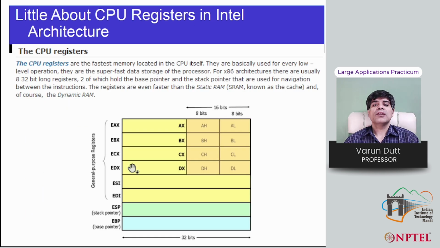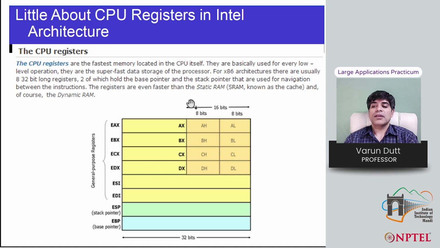Before we understand disassemblers and debuggers, we need to understand a little bit about the Intel architecture, at least the architecture of the microprocessor running on the computer. There are memory structures called CPU registers inside the CPU. They are fast memory located in the CPU itself, used for low-level operation, and are super fast data storage for the processor.